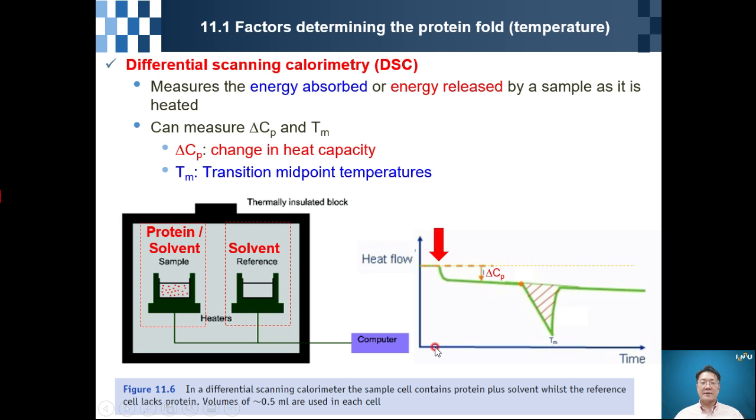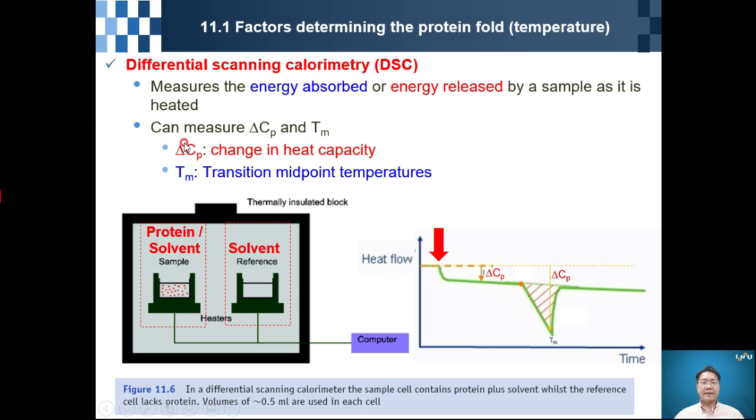As the sample is heated, at a certain time point the heat flow will decrease, which means that the heat capacity is increased. As time goes by, at a certain point delta Cp is the highest. We call this Tm, the transition midpoint temperature.